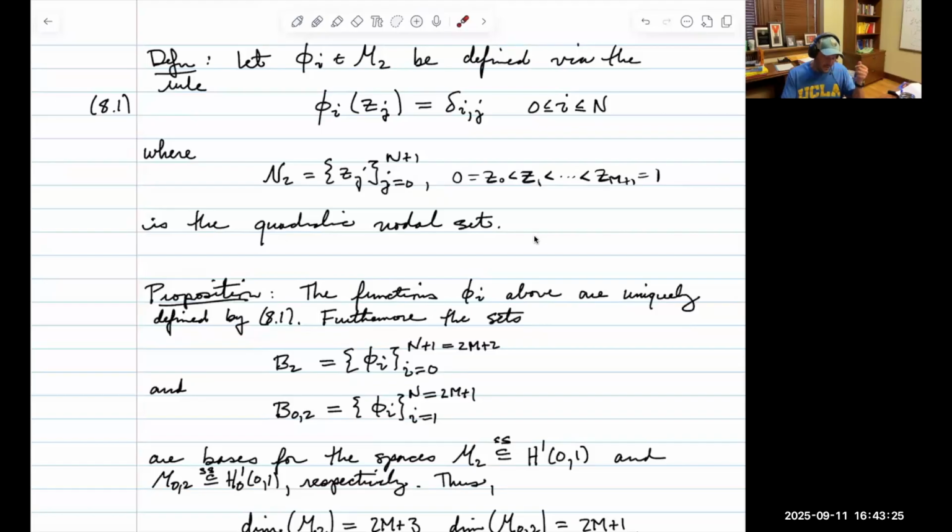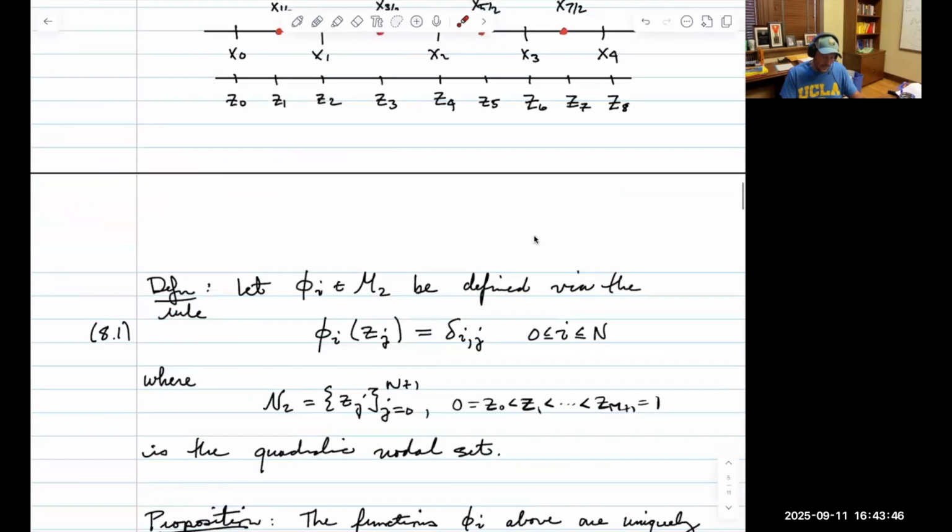All right, so this is a complete definition. It doesn't allow any ambiguity. Furthermore, we have two sets that I want to consider. The first one: I'm going to take those phi functions and count i equals 0 up to n plus 1. Remember I said n is equal to 2m plus 1.